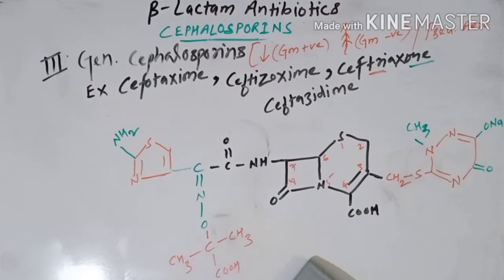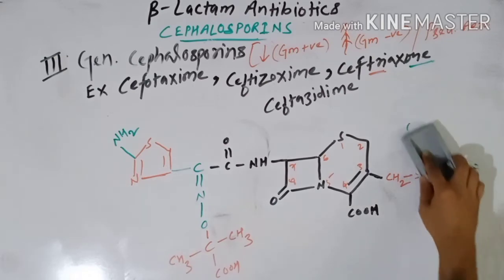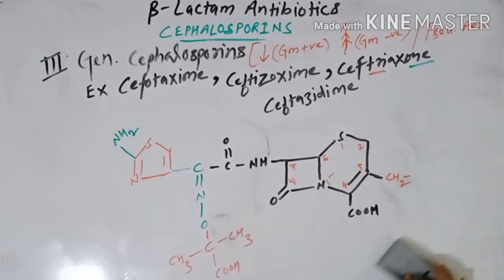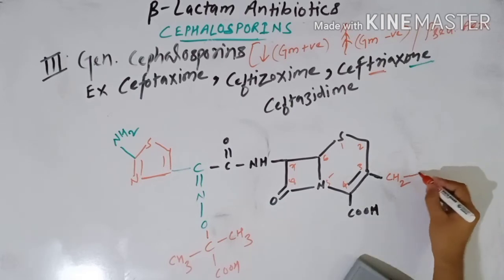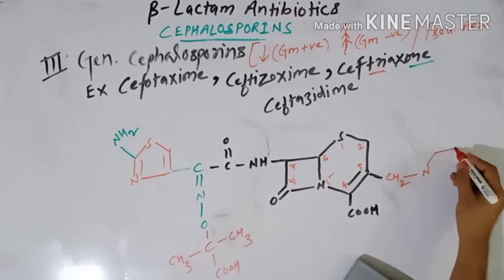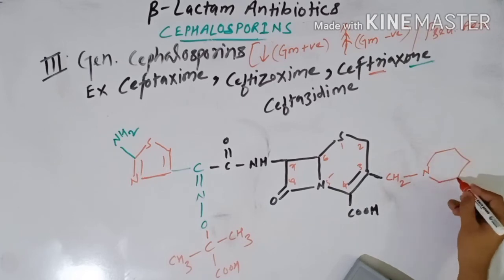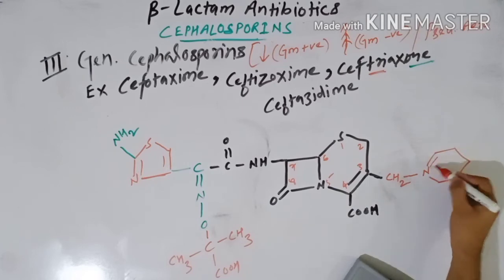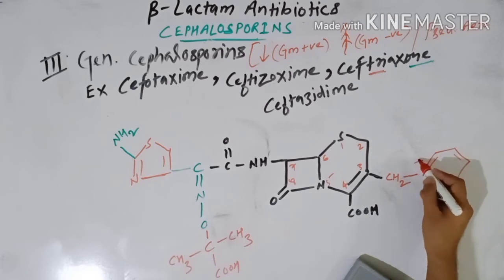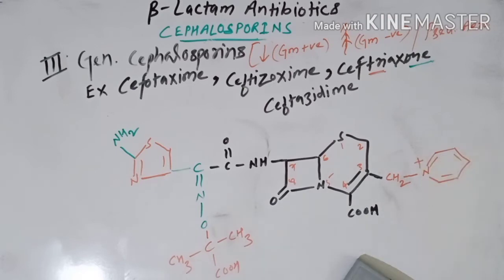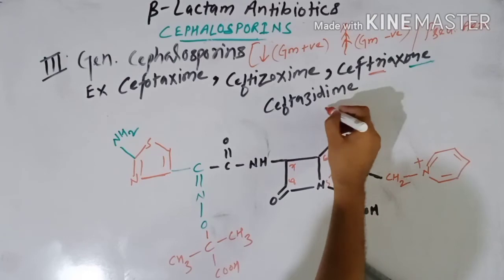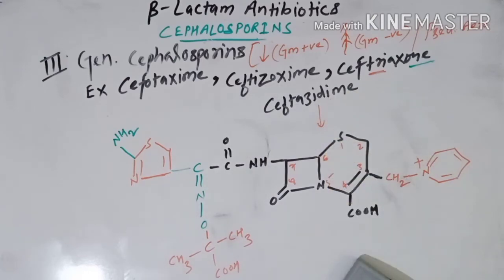This is the first change. And in ceftazidime, this whole ring disappears, and this CH2 methylene group is directly linked to nitrogen, and nitrogen is a part of this 6-membered nucleus. This 6-membered nucleus is known by the name what? Pyridine. So this is the structure of ceftazidime.